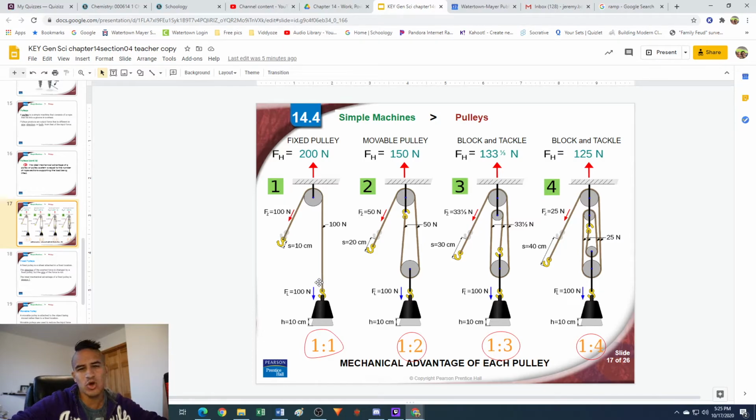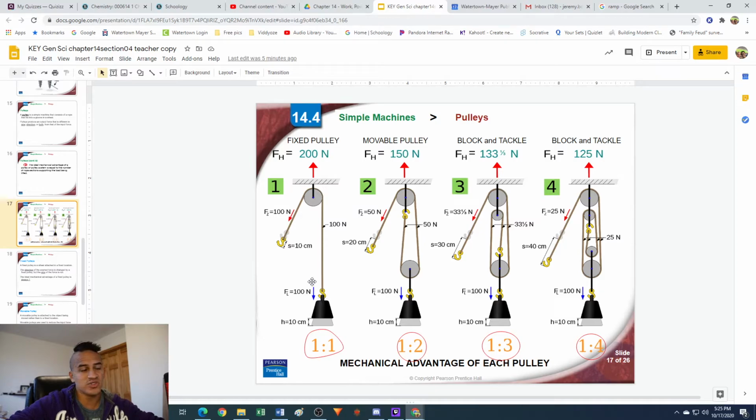If we count how many ropes are pulling up on this heavy object, we just have this one. This one rope is pulling up. This part of the rope you are pulling downwards, but this part of the rope is pulling up. So the mechanical advantage of this pulley system is going to be 1. It's 1 to 1. What that basically means is this pulley system would not make it any easier for you to lift this object.